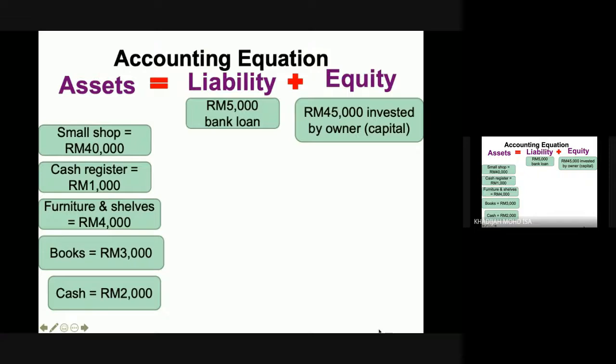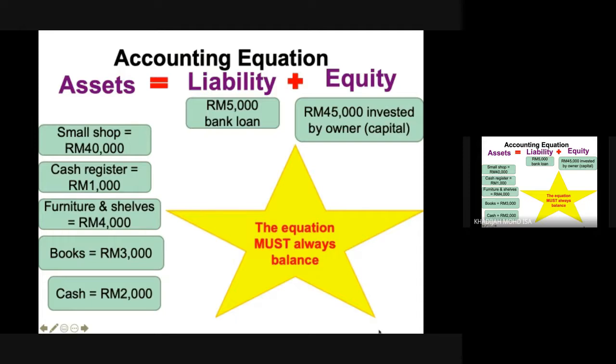In other words, in order for you to have that 50,000, you must know where the source comes from, how the assets are financed. In this case, your asset of 50,000 is financed by a bank loan of 5,000, which is a liability, and investment of 45,000 by the owner, what we call equity, right? So at any point of time, the equation must always balance. Anyone not clear about this?